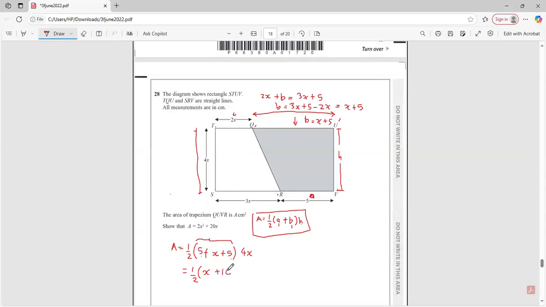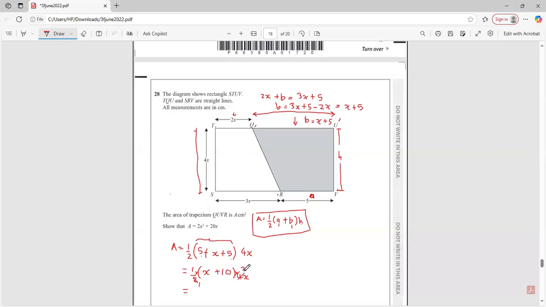Now, remember that outside the bracket, we still have half and 4x. And guess what? The relationship between 4x and the bracket is multiplication. And the relationship between half and that bracket is also multiplication, which leaves me to conclude that this 2 is free to divide into the 4.